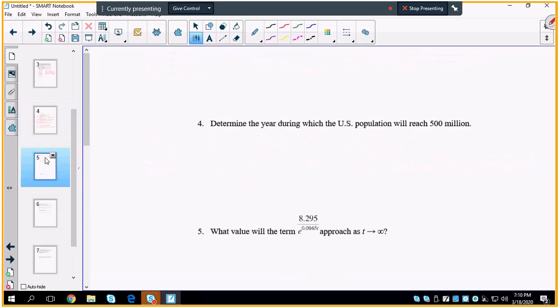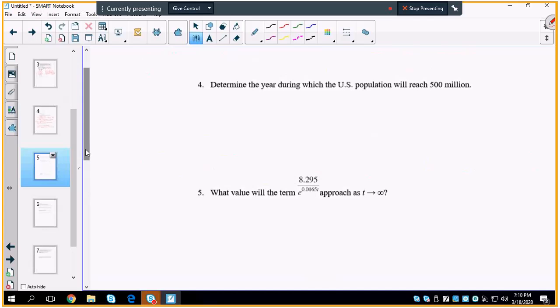What next? Determine the year in which the US population will reach 500 million. So this time, 500 million is the final population, and you want to solve for t. So 725, and then you have 1 plus 8.295 e to the power minus 0.0165 t. So this one requires a little bit of work ahead.